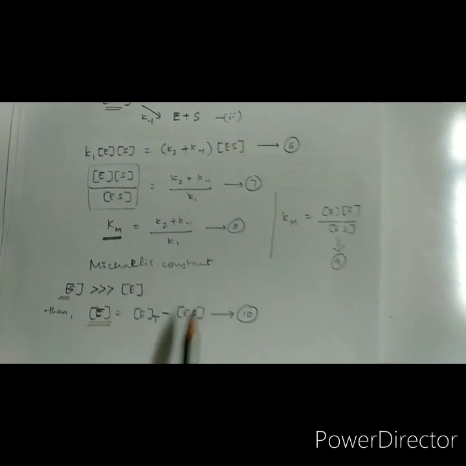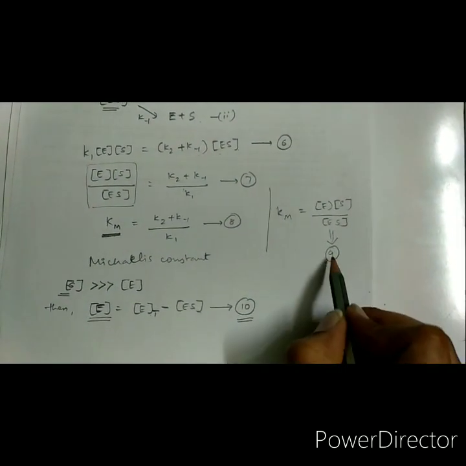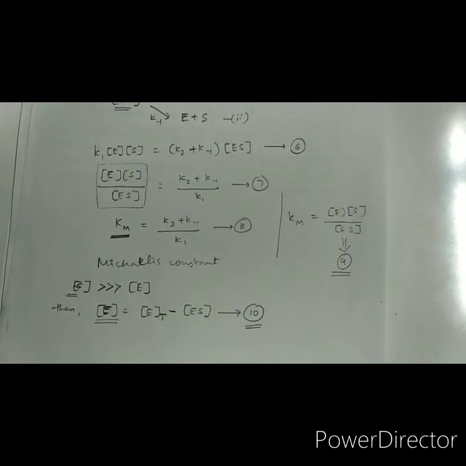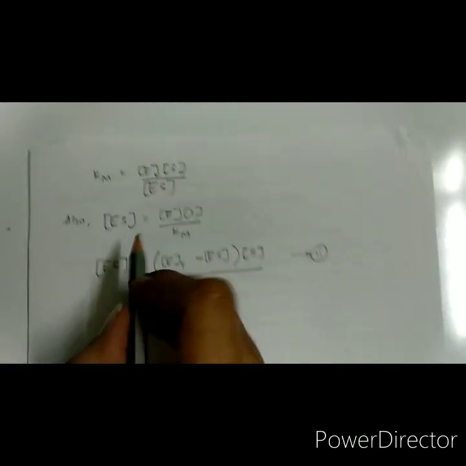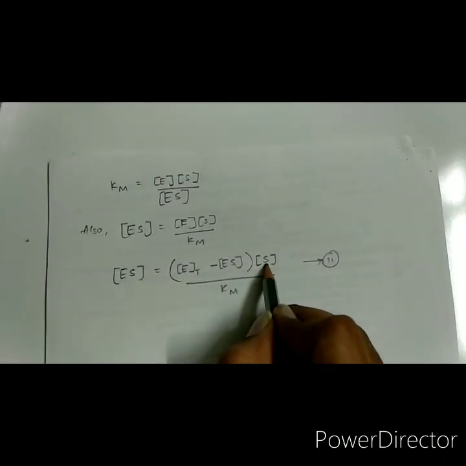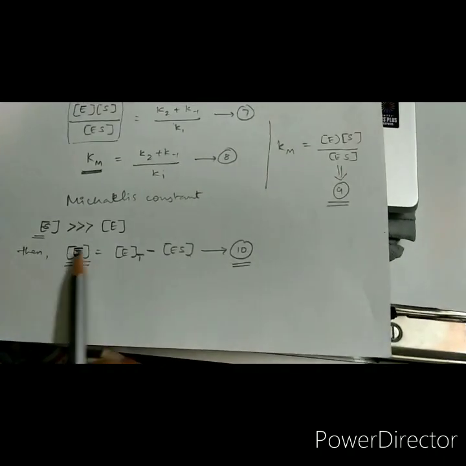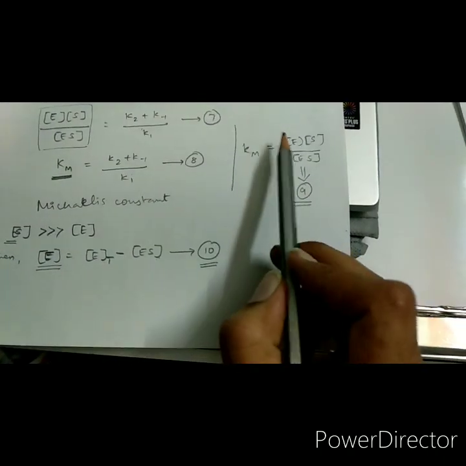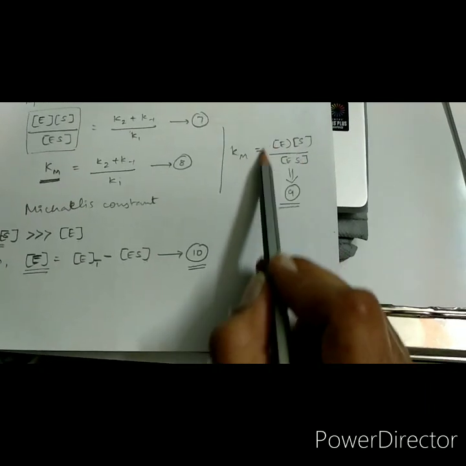So now if we substitute equation 10 in equation 9, we will get Es is equal to Et minus Es into S by Km. Here you can see we have substituted the E equation.